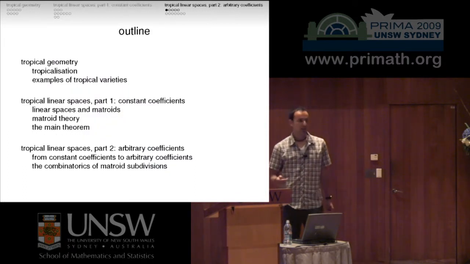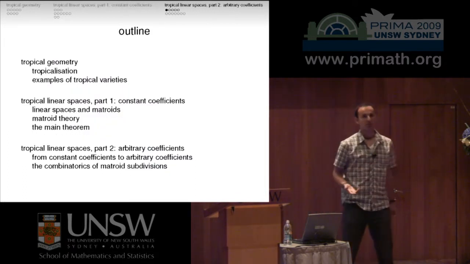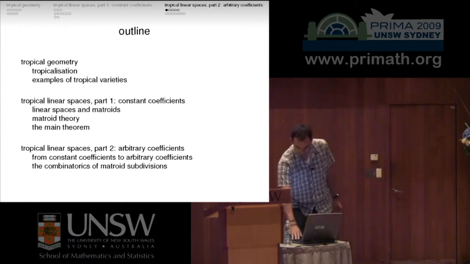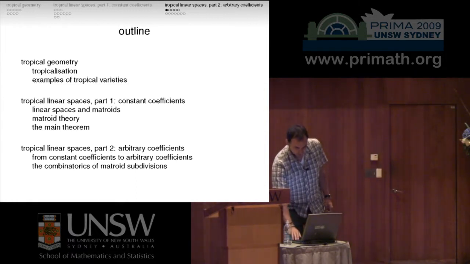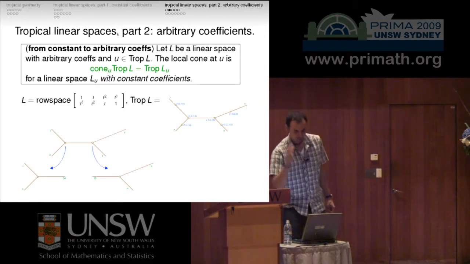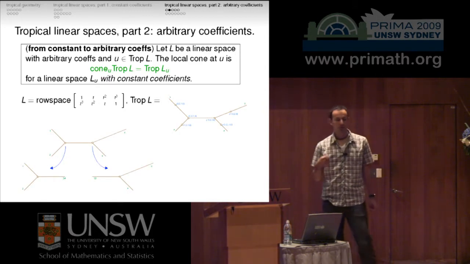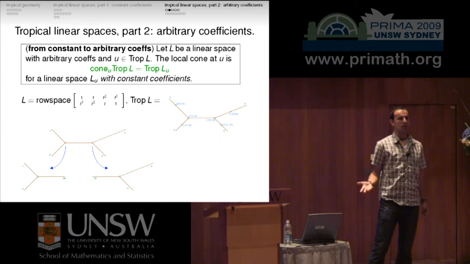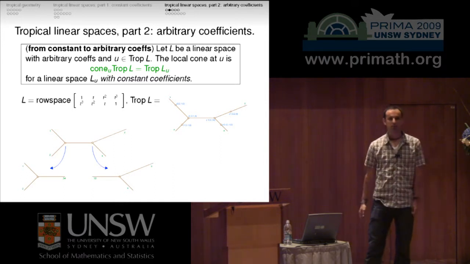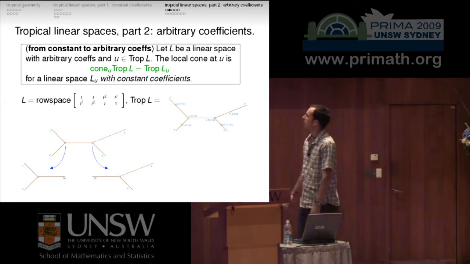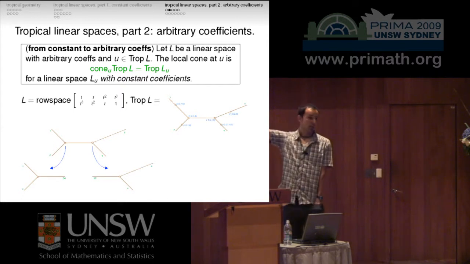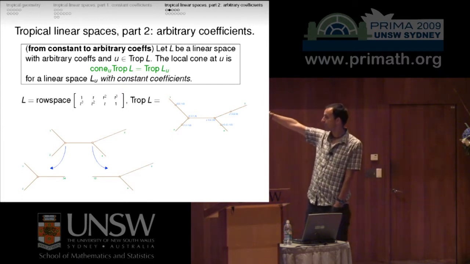But let me now go to the case of arbitrary coefficients. The first thing I would like to tell you is that if you understand the constant coefficient case, then that really helps you understand the arbitrary coefficient case. Let's go back to the first example that I did, of a tropical line. It looks like that.